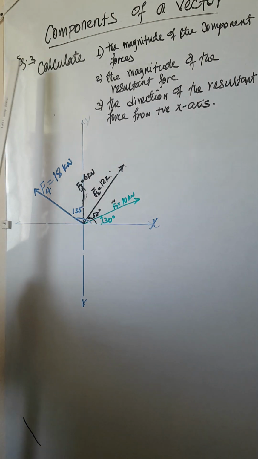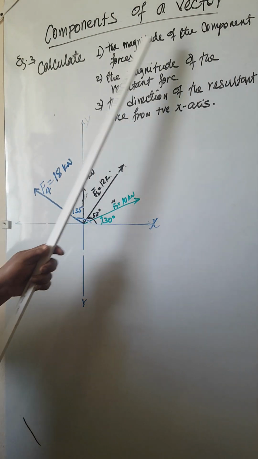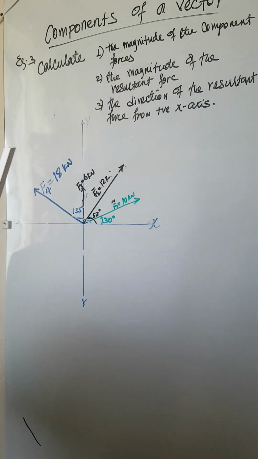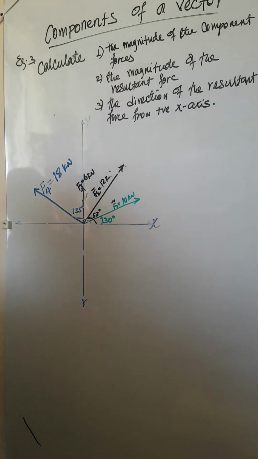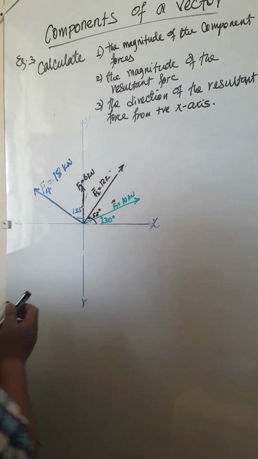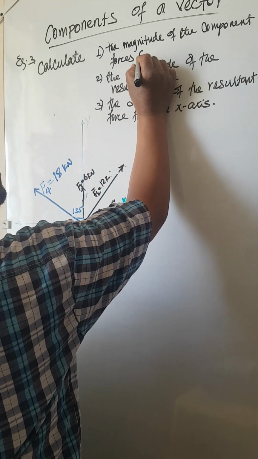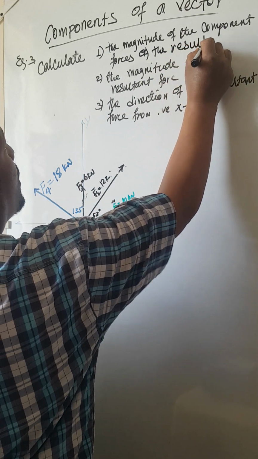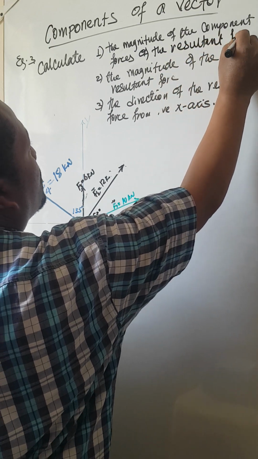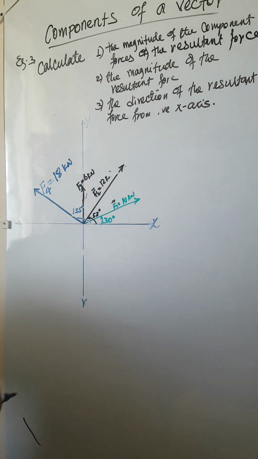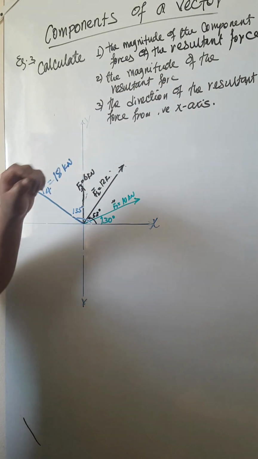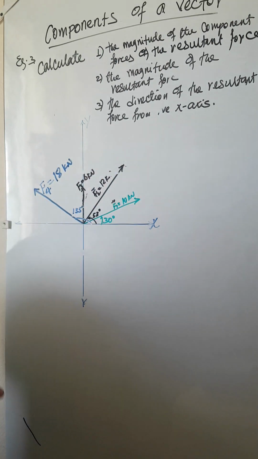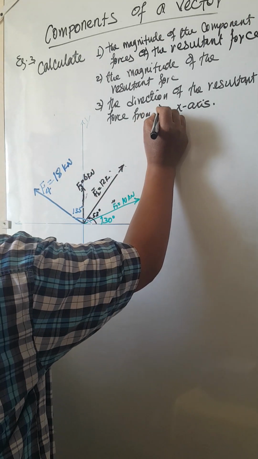Now it says calculate the magnitude of the component forces of the resultant force, the magnitude of the resultant force, and the direction of the resultant force from the positive x-axis.